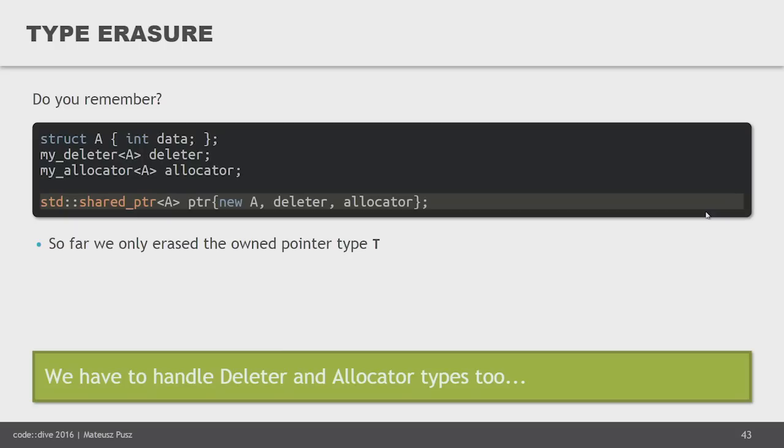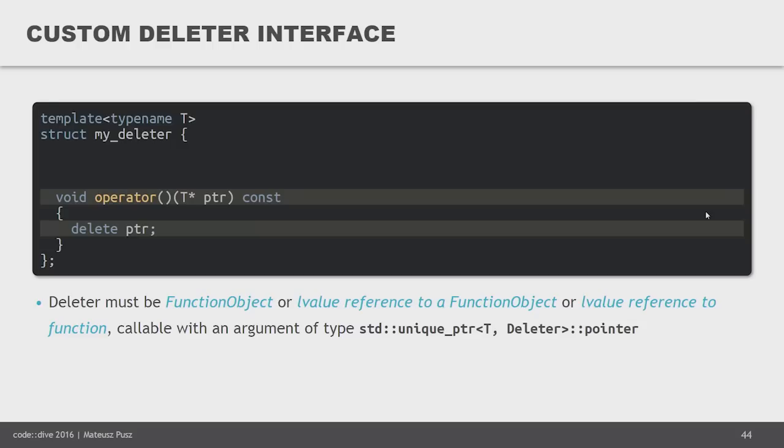So to do it, we first have to learn a bit about the interfaces that are provided with C++11 to our deleters and allocators. Basically, deleters are really simple functors that just get the pointer to the data to be released and call a function to release. In our case, we'll just use delete on the pointer.